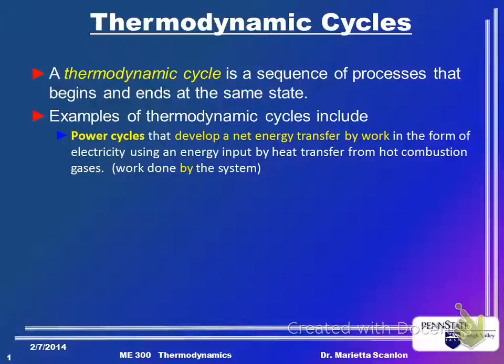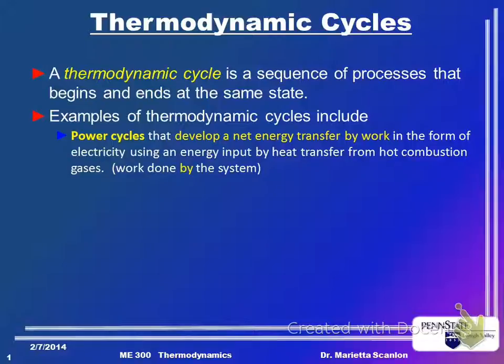The first is a power cycle. And a power cycle develops energy transfer by work. So a power cycle, the takeaway is that work is done by the system. So for a power cycle in general, you get some kind of electricity out.